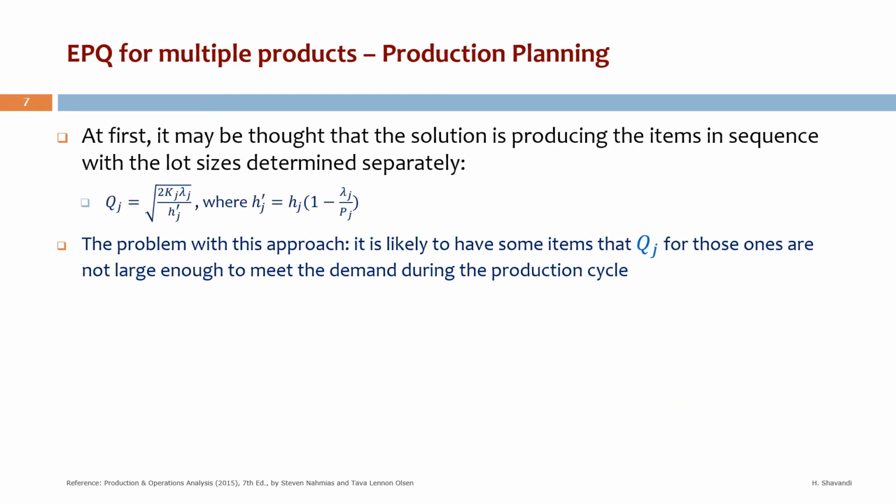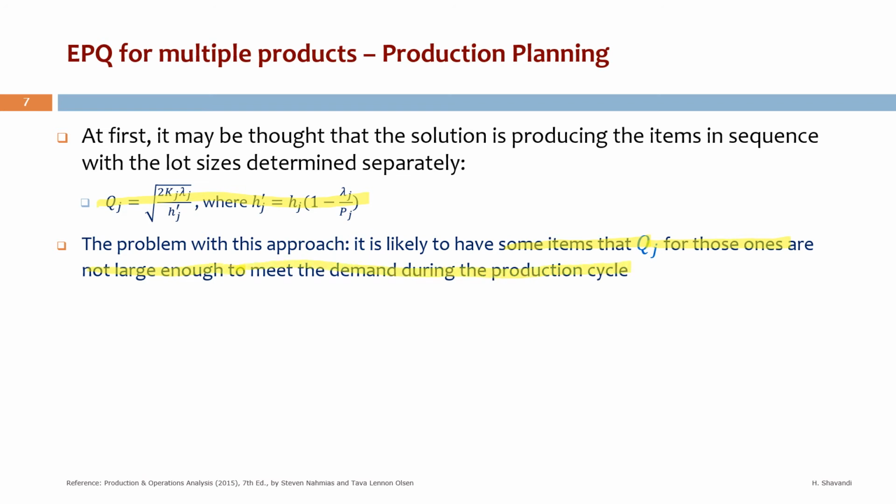So at first we may think that the optimal solution could be obtaining the individual EPQ for each good, and then producing all the items in sequence with the obtained lot sizes. One problem that could occur in this approach is that some items may have a Qj that is not large enough to meet the demand during the production cycle.